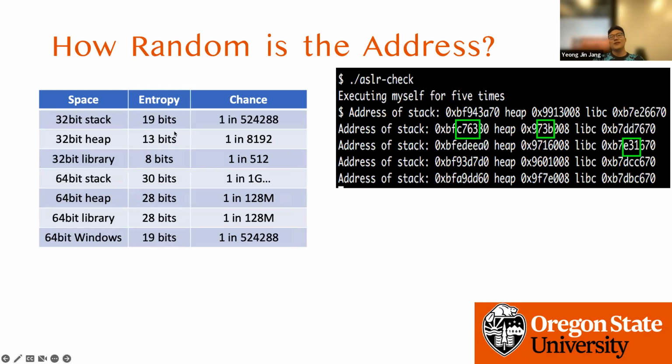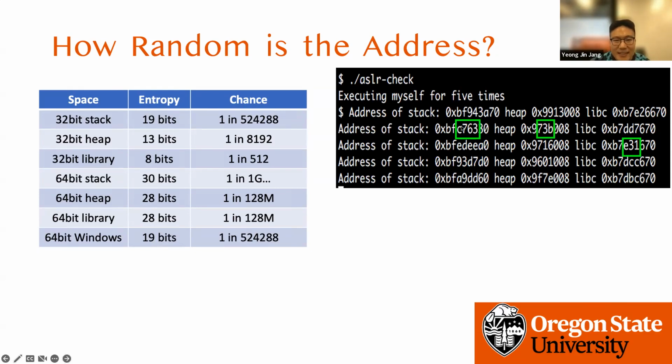And that means 1 over 2 to the 19. That is the chance you can make a successful guess, even if you make a random guess. So the chance that an attacker can make a successful random guess is about 1 in 500,000.